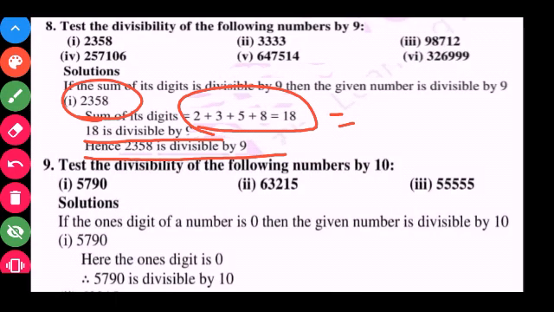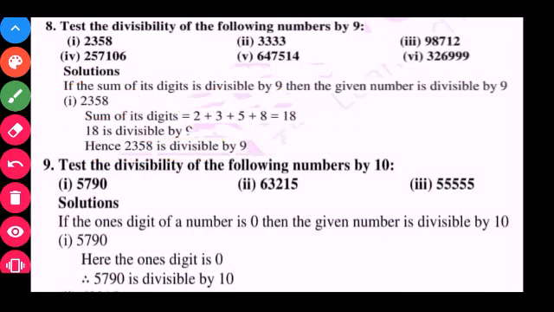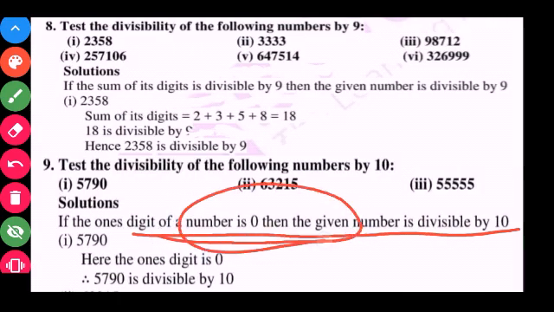Okay, next, test the divisibility of 10. In the case of 10, if the ones place is 0, then the given number is divisible by 10. You learned in a previous class that if the unit digit of a number is 0, then that number is divisible by 10.